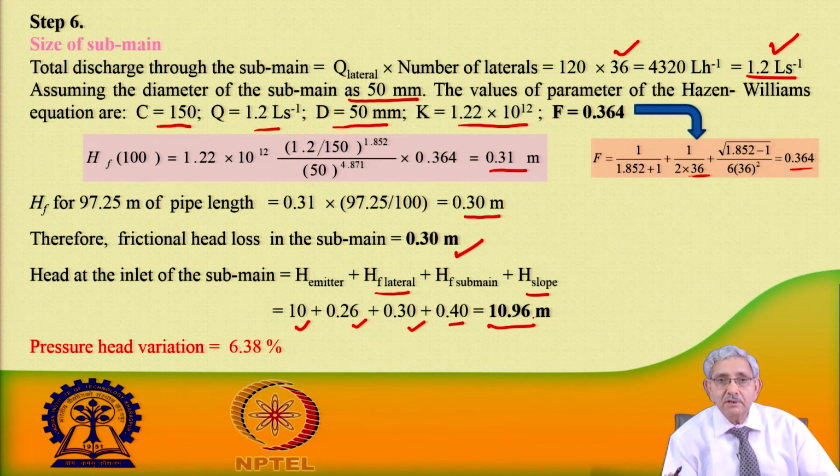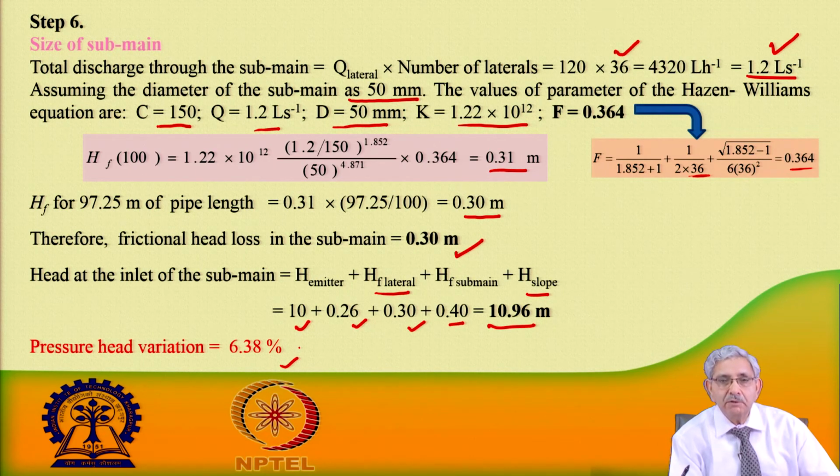Now, let us find out how much pressure variation it can have. We have 10.96 and 10.26. So, 10.96 minus 10.26 divided by 10.96. If you work it out, you will get the pressure head variation as 6.38%.